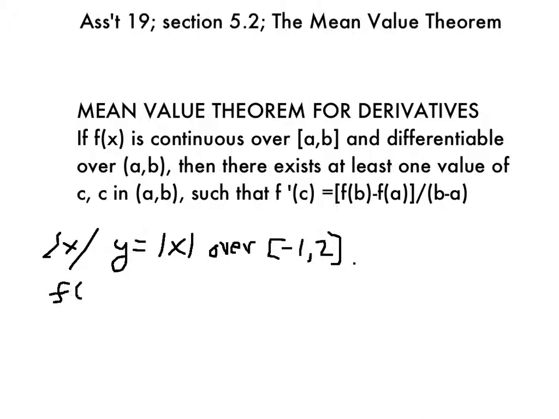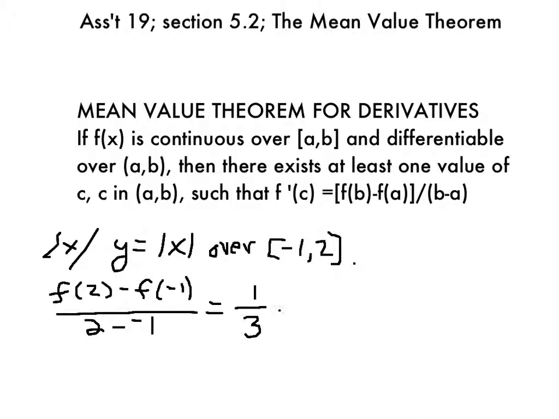We know that (f(2) - f(-1)) / (2 - (-1)) is equal to 1/3. And so we want to find a value of c in the interval -1 to 2 such that f'(c) is equal to 1/3.